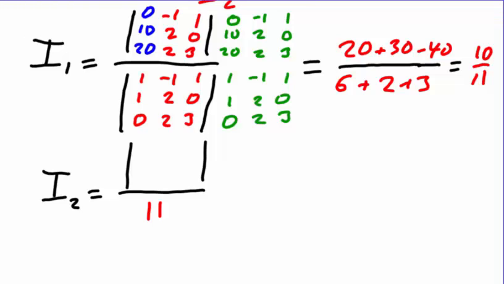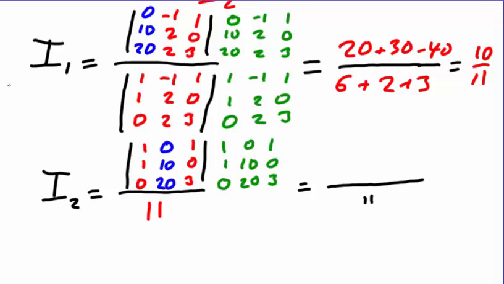In order to get the answer for I2, we replace the I2 column in the numerator determinant by the three values that were to the right of the equal sign in our well-organized equations. Those values were 0, 10, and 20, and then copy the rest of the determinant exactly as it normally appears in the denominator, 110 and 103. Again, we'll solve this determinant by writing the ghost and multiplying down the three positive diagonals and the three negative diagonals.